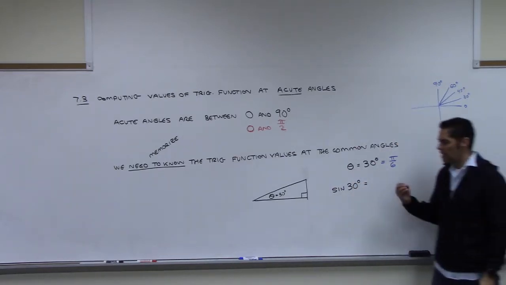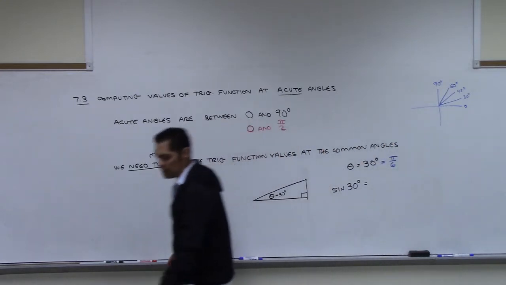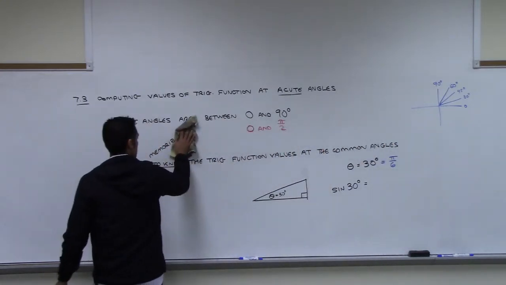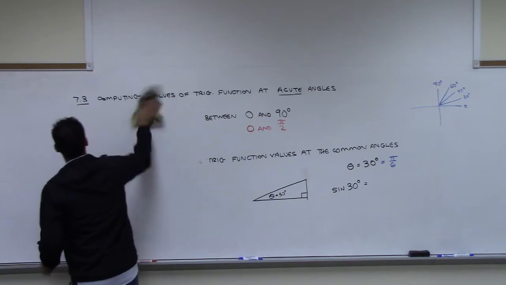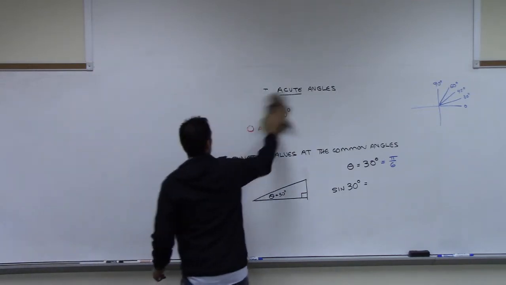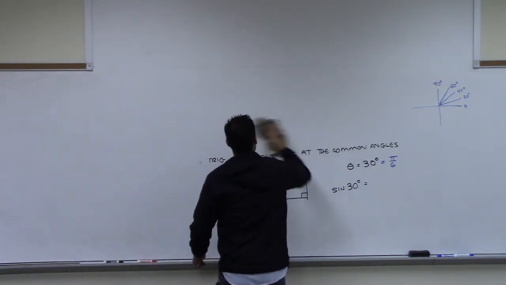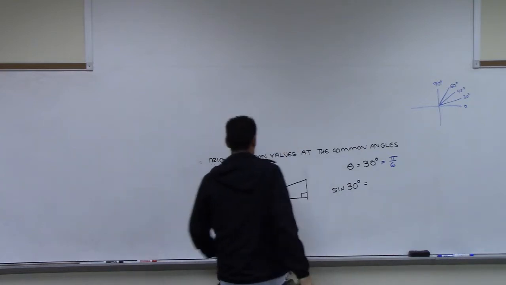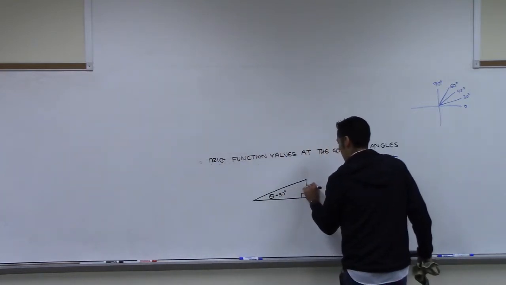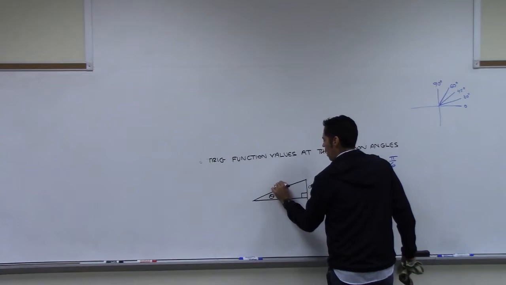Now, what is the definition of sine? It's opposite over hypotenuse, right? So here is opposite, and here is hypotenuse.